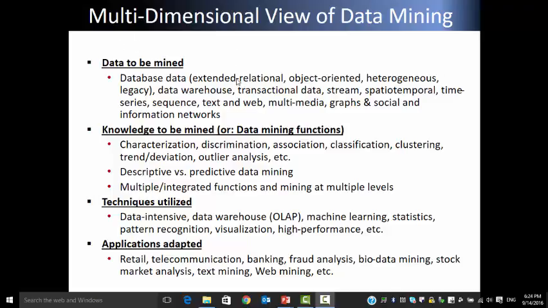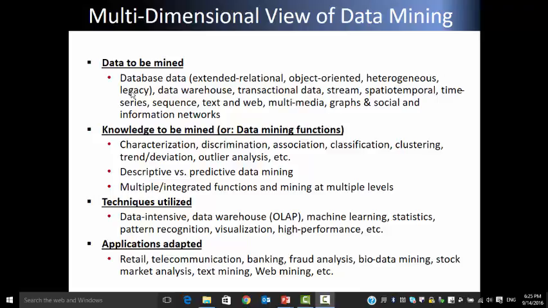Or extended relational. Extended relational in general is like object-relational database, object-oriented database, heterogeneous database, legacy database, or file-based database. That is the target that you can apply your data mining technique to.